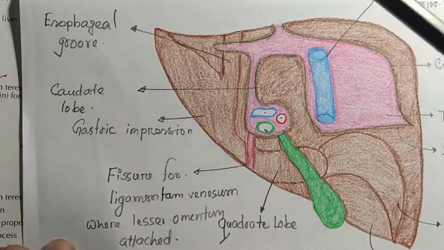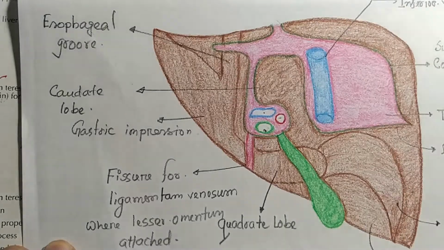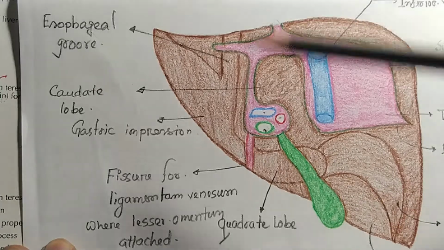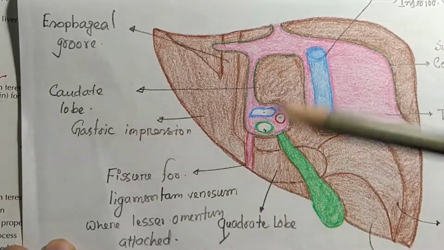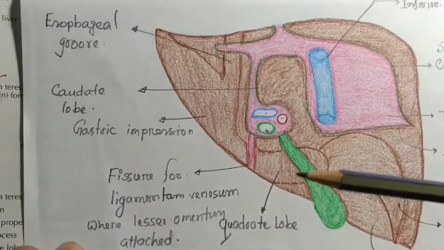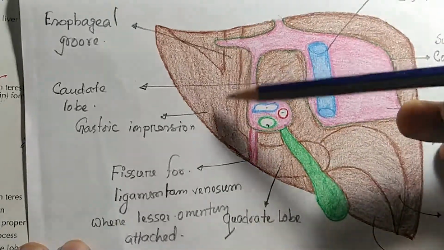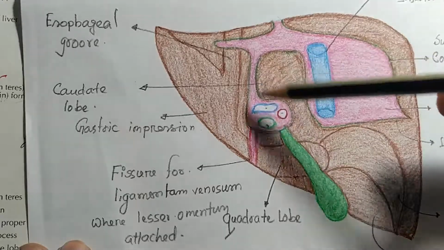There will be a lecture on fetoplacental circulation later on. I will make a brief discussion about the ligamentum venosum, their origin and exit, and how it becomes a new one when obliterated. That will be discussed later. So this is the ligamentum venosum, this is the teres.